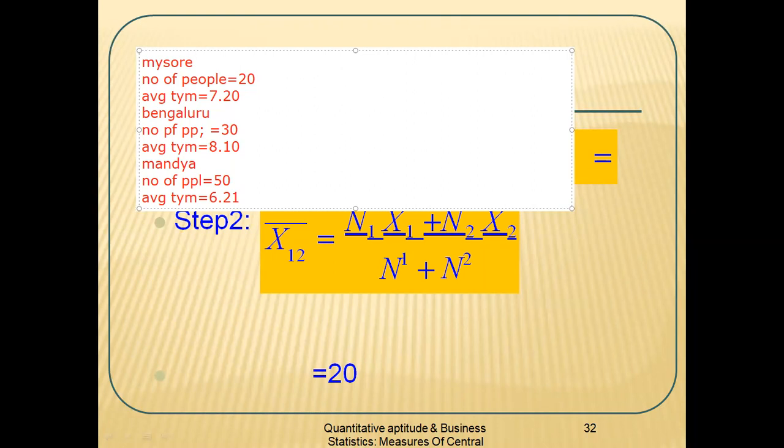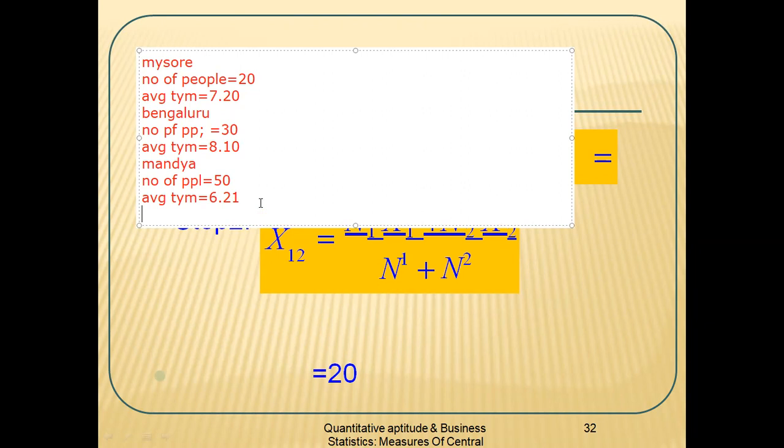Now the deputy commissioner of the entire police department is asking what is the overall average time taken by the people. So in this case, should I calculate combined arithmetic mean?